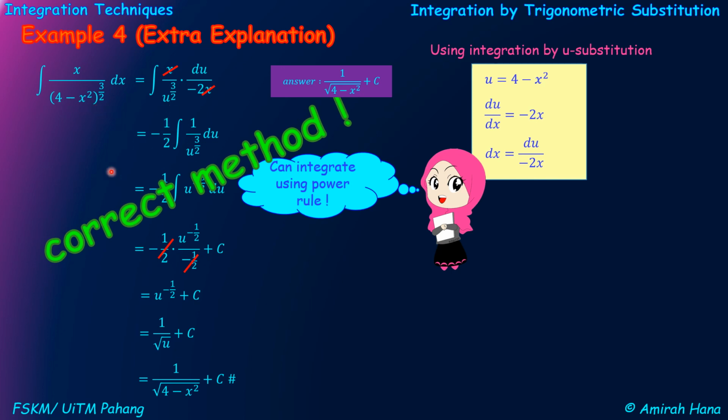In this case, if we compare U-substitution and trigonometric substitution, U-substitution is easier. But since the question states to use trigonometric substitution, in this case we need to integrate using trigonometric substitution.